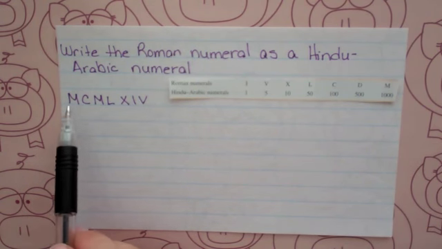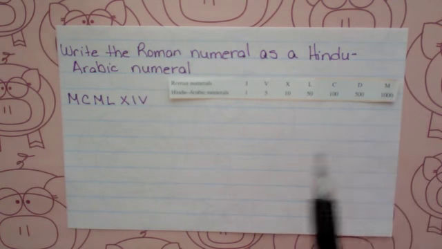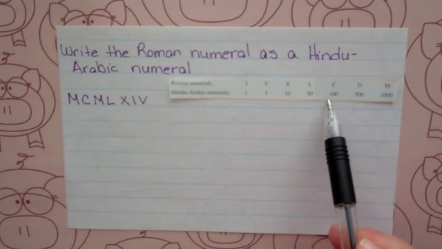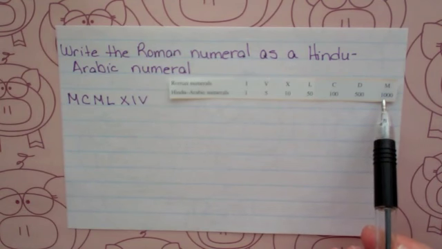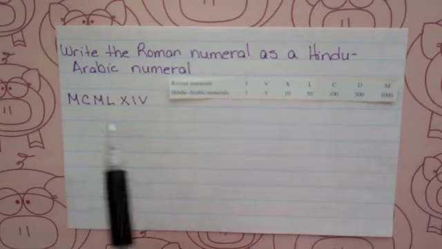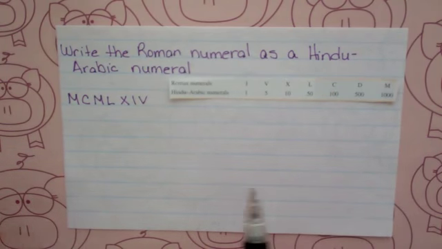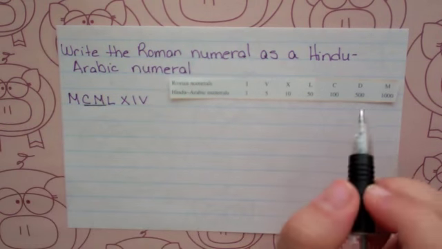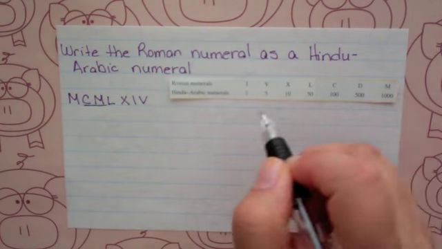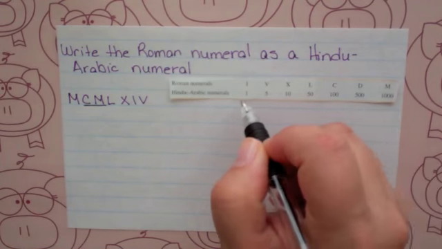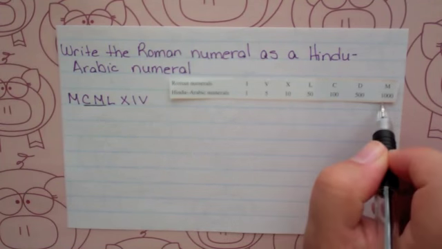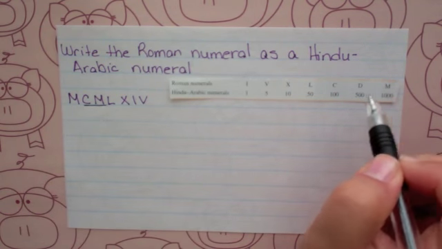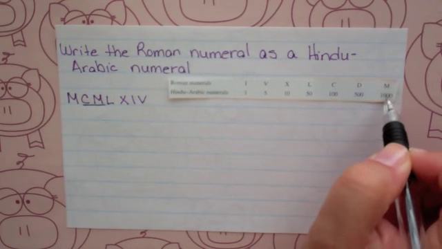So notice here we have M, which is 1,000, but then we're followed by a C, and then it reverses back to M. When that happens in Roman numerals, where it reverses direction, that means these two go together, because they're not in order. You always go from largest to smallest, so I should always be traveling this way in my chart. If I travel the other way, those two must be together. So M, C, M, that means the C and M are together.